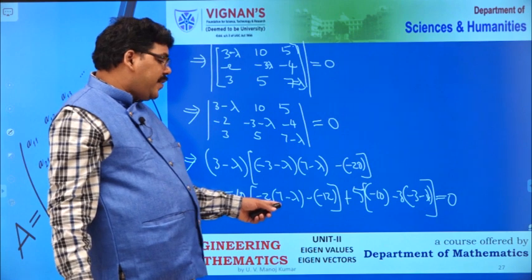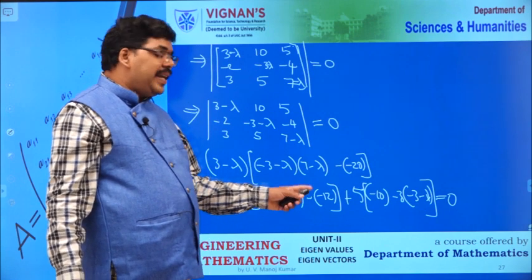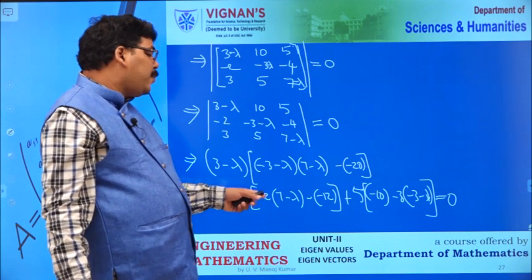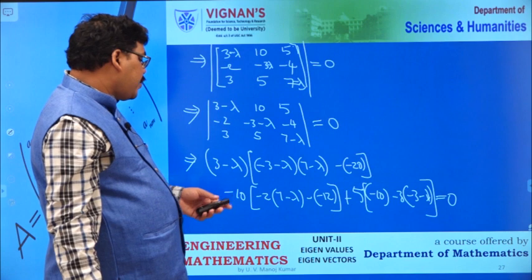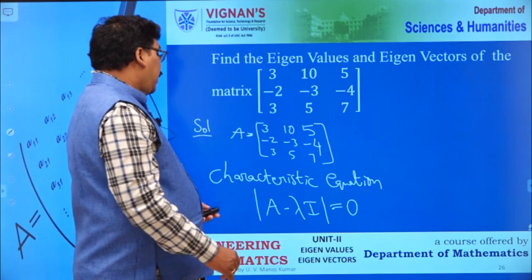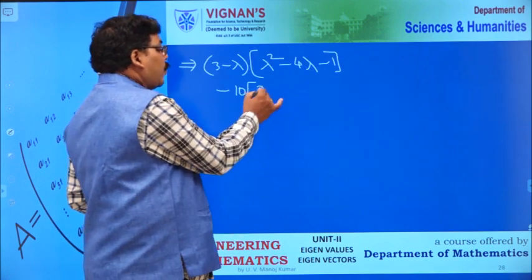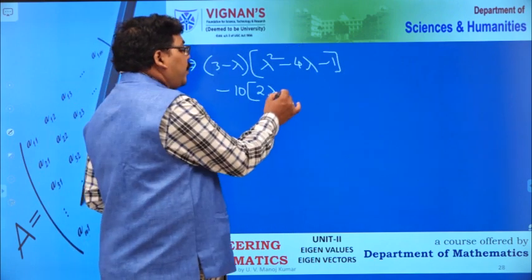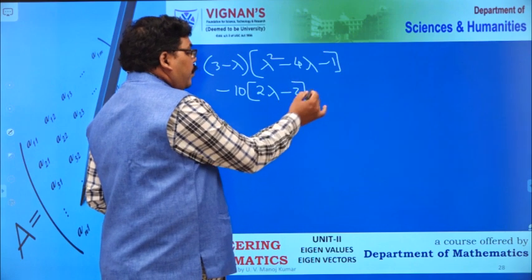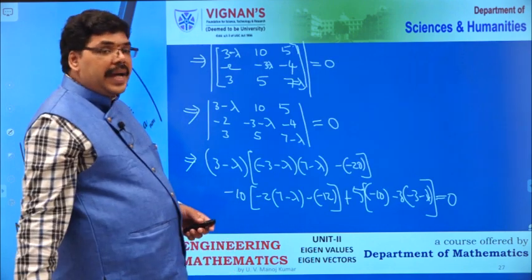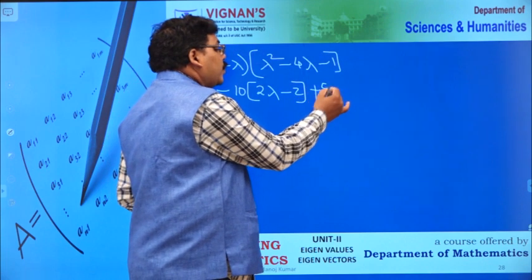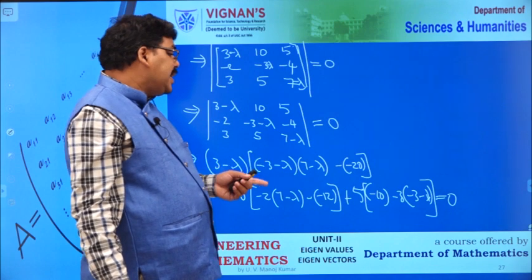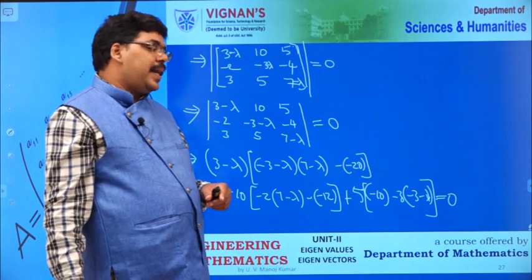minus 2 into 7 minus lambda, minus of minus plus 12. So if you multiply this, 2 lambda minus 14 plus 12, plus 5 into minus 10 minus 3 into minus 3 minus lambda.